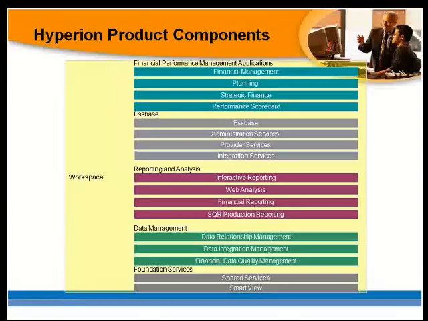And when it comes to the second section, you can see reporting and analysis. Here we have some reporting tools like interactive reporting, web analysis, financial reporting, and SQL production reporting. If I do some financial analysis, correct the data, and certify the data is correct, and keep it as it is in the first section itself, in any one of the financial analytical tools, it may not reach all the people who are interested in understanding the business.